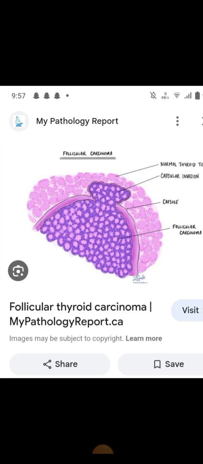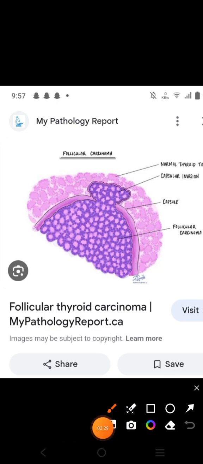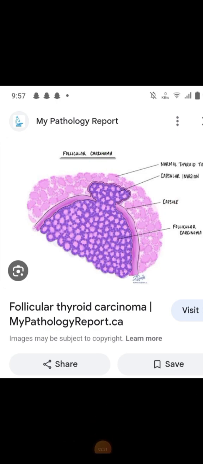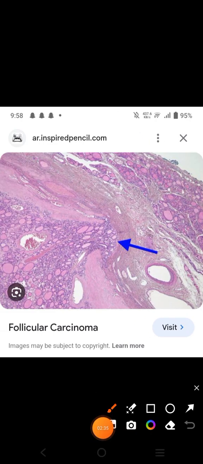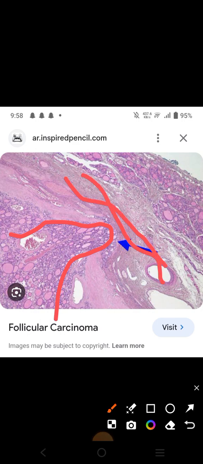Around it, in light pink color, is normal thyroid tissue. Here you can also see that this tumor is invading the capsule, so it is carcinoma, not adenoma.